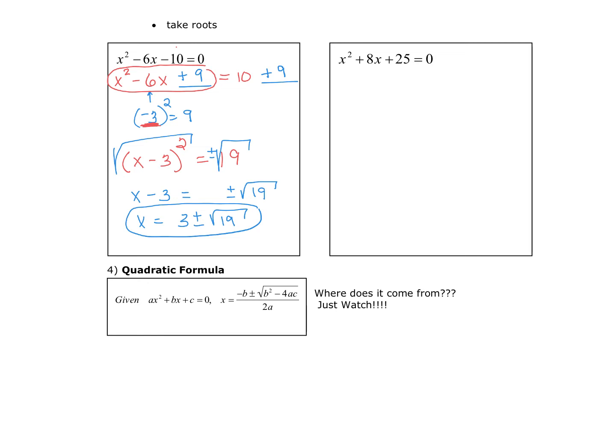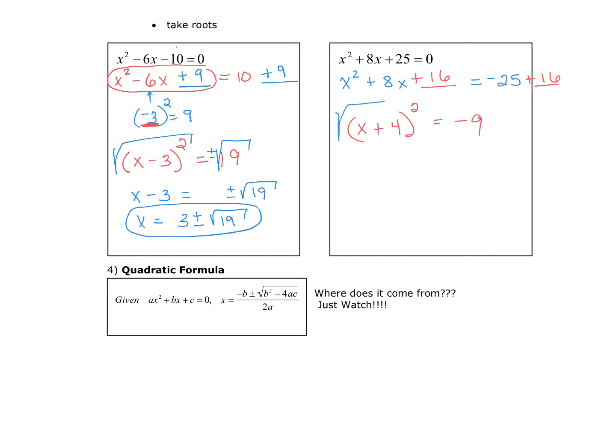Here is another example. So we're going to move our 25 over to the other side, negative 25. We will take half of 8, which is 4, positive 4, and square it. So we'll add 16 here, and we'll add 16 here. This will factor on the left as x plus 4 squared and negative 9.